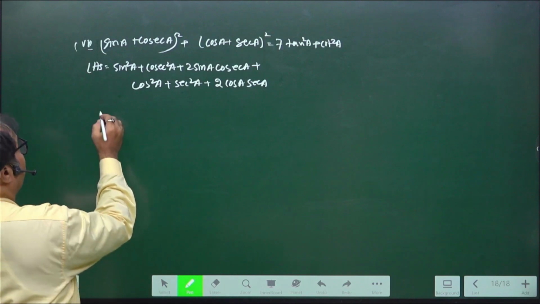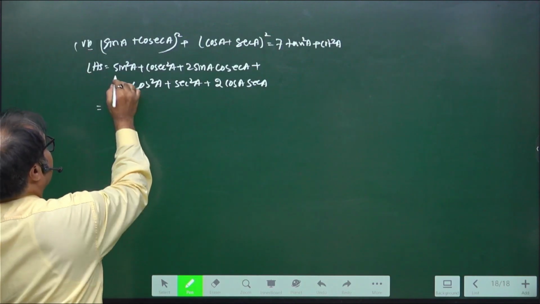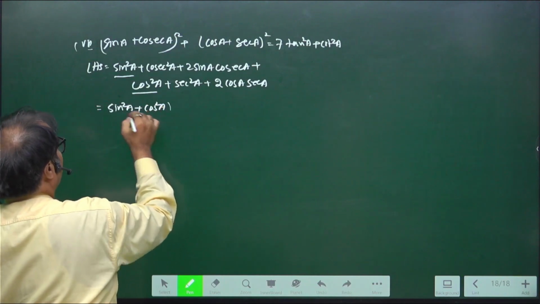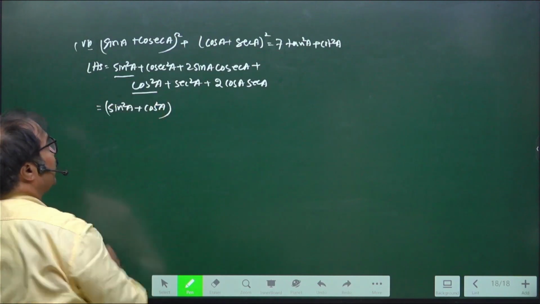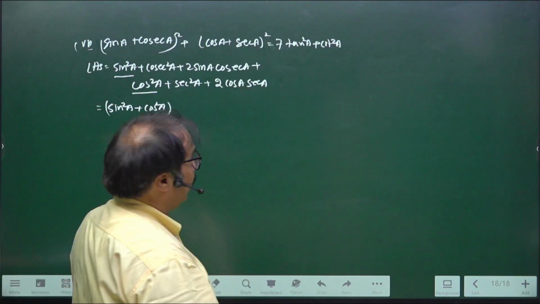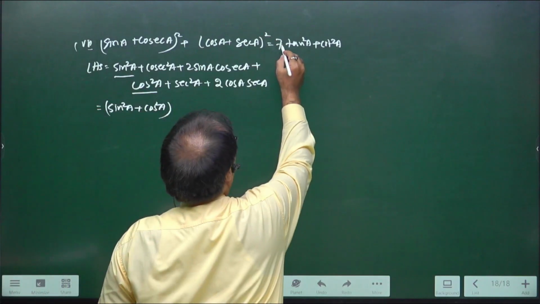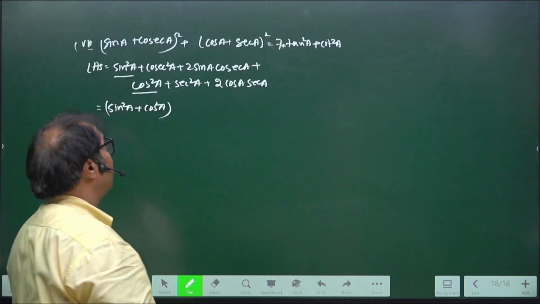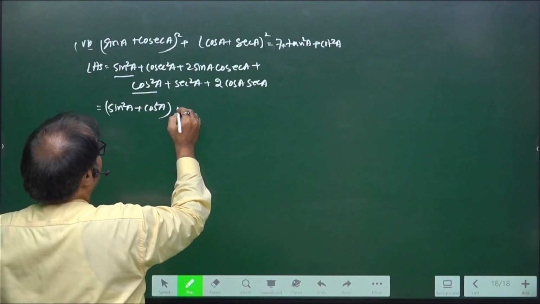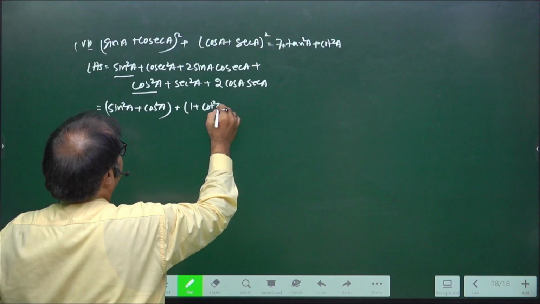Now make a group, sin² A and cos² A, I am writing in one group, and cosecant² A, because we have to prove 7 plus tan² A plus cot² A. So cosecant square we will write in terms of cot² A. So this is 1 plus cot² A.